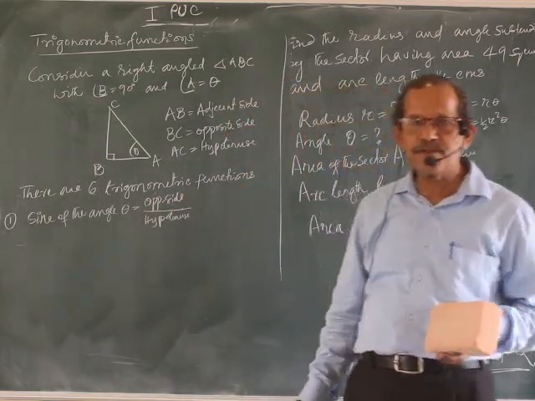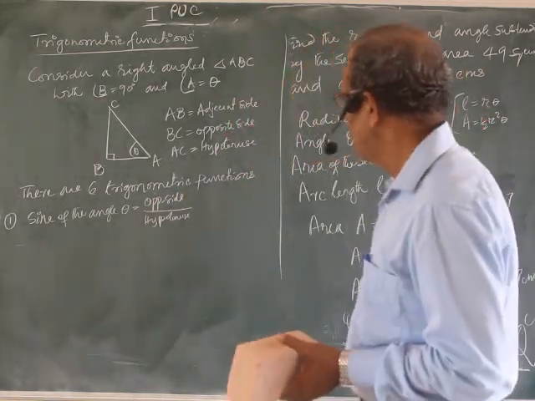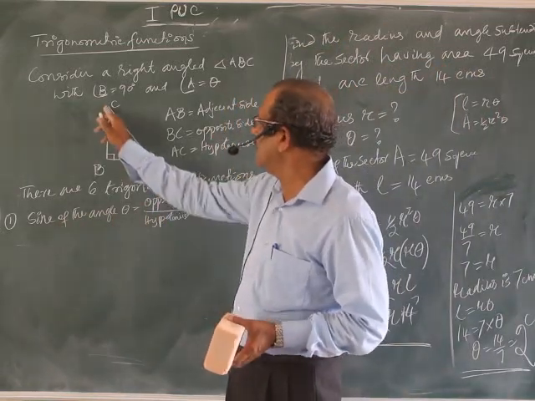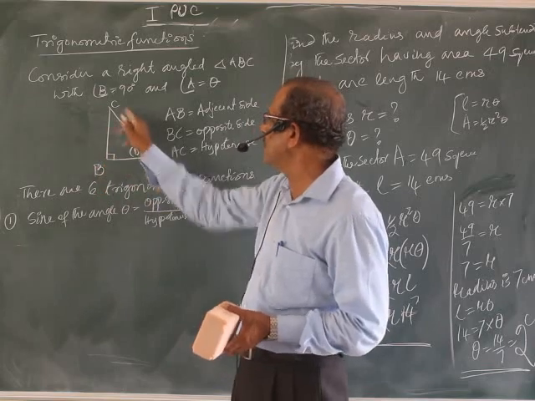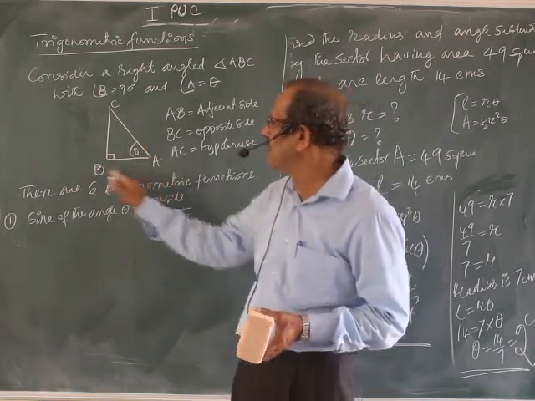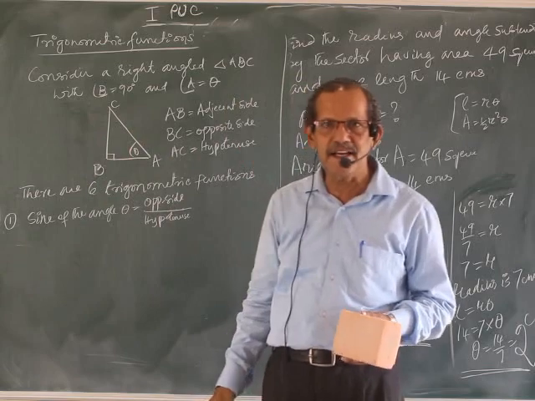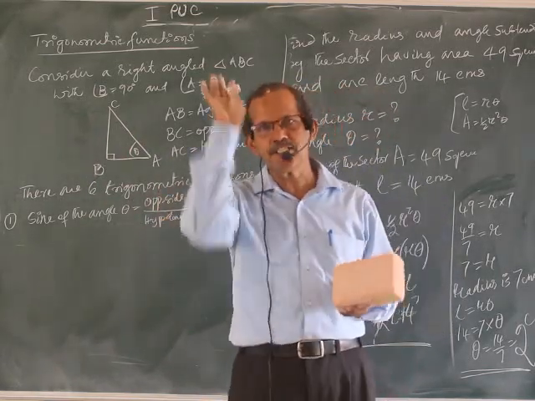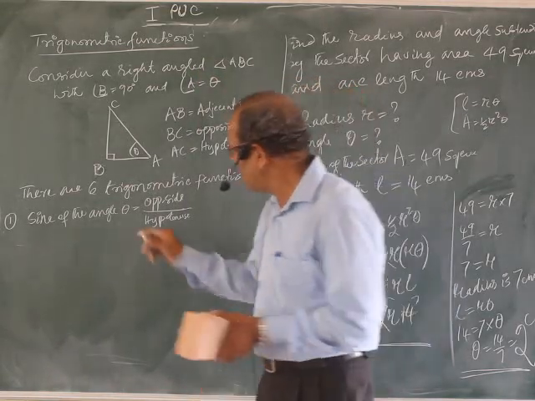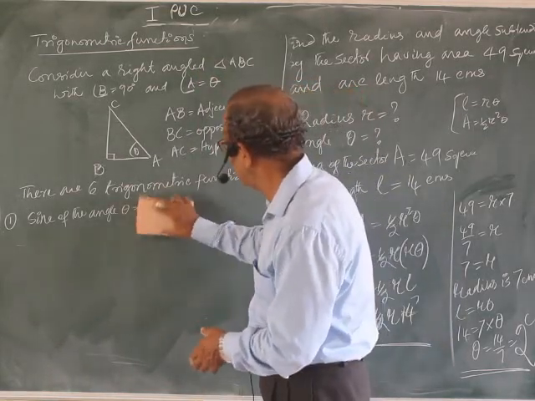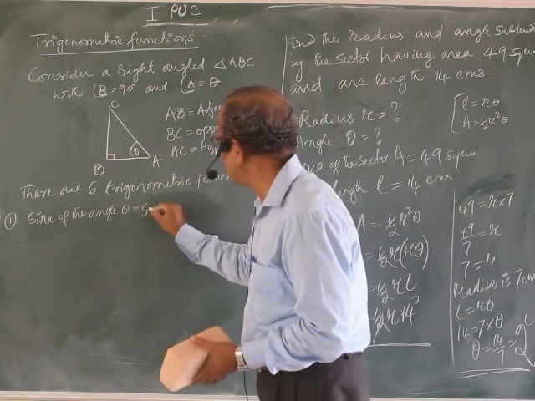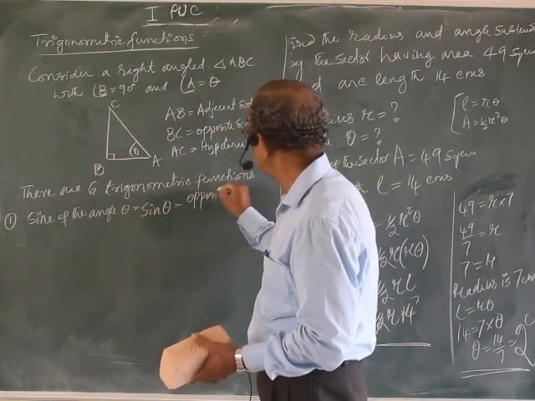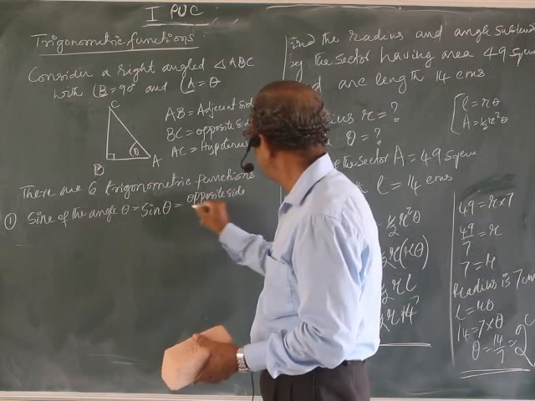Whenever the definition of the function is asked, you must say opposite side, not BC divided by AC, because these names can be given arbitrarily. The main thing is opposite by hypotenuse. Sine of the angle theta can be written as sin theta, which is opposite side by hypotenuse.